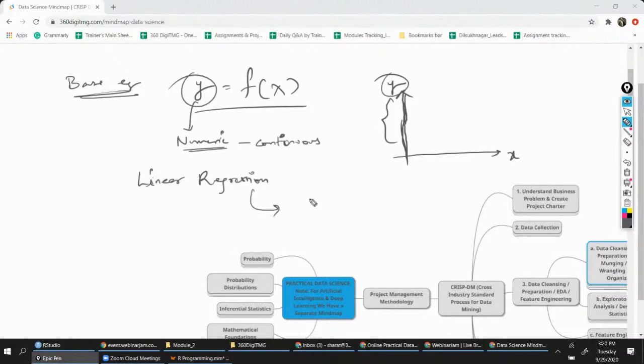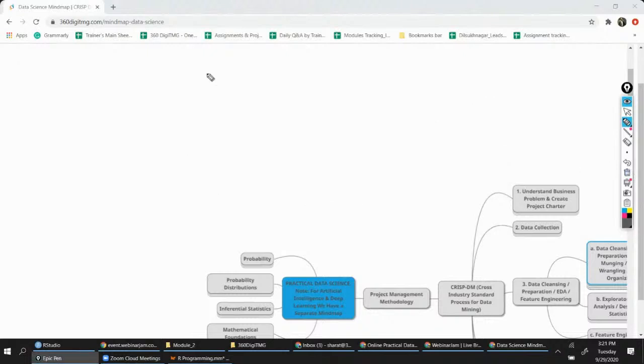If I have to explain it in very simple terms, you're talking about the equation of a straight line. If you have fixed values, if it is discrete values, then you'll get dots. But this is a continuous value. It could be anything on this line. It could be any line. That's the reason we are drawing a straight line.